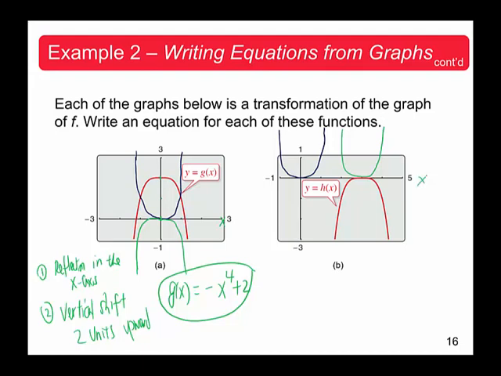Okay. So 2-step transformation again. And here I'm doing the horizontal shift first. So shift to the right 3 units. 1, 2, 3. 3 units. And step 2, reflection about the x-axis.